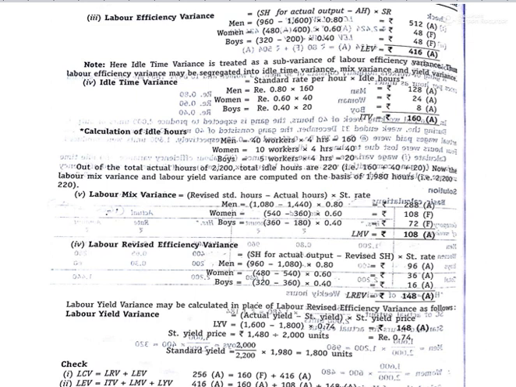Next we are going to calculate the labor mix variance. Labor mix variance is equal to revised standard hours minus actual hours into standard rate. Before solving the labor mix variance we need to calculate the revised standard hours. What is the standard hours given in the problem?